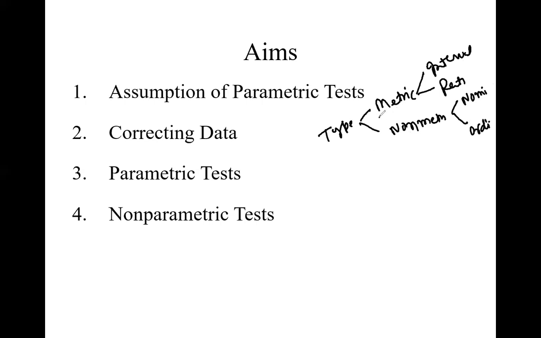Metric data is also known as continuous data, and non-metric is known as categorical data. In most research papers, you will find these two terms: metric data, non-metric, or continuous data or categorical data. If I am saying continuous data, it means I'm talking about either interval scale question or ratio type question.